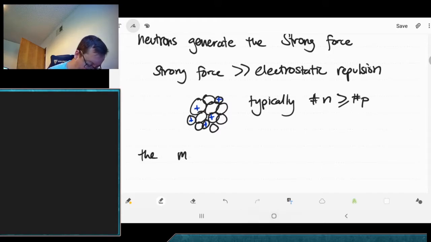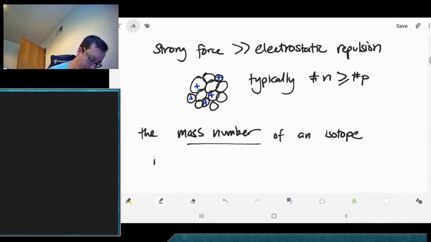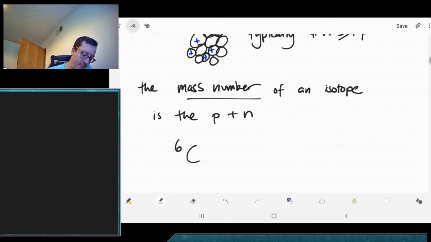The mass number of an isotope is protons plus neutrons. And we will typically, what am I writing 6 for? 12, 13, 14.